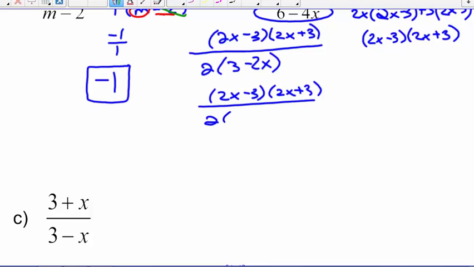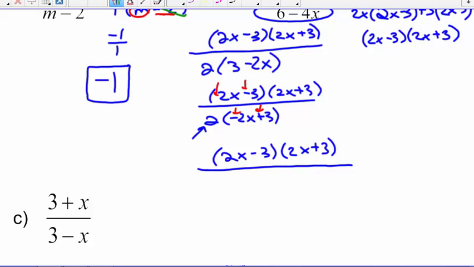If I pulled out a negative from the bottom, first of all, I'm going to rewrite it with the x part first and then the number here, negative 2x plus 3. But I'm going to pull out that negative. So I have 2x minus 3, 2x plus 3 on the top. And when I pull out a 2, I'm going to pull out the negative as well. So I'm really pulling out a negative 2.